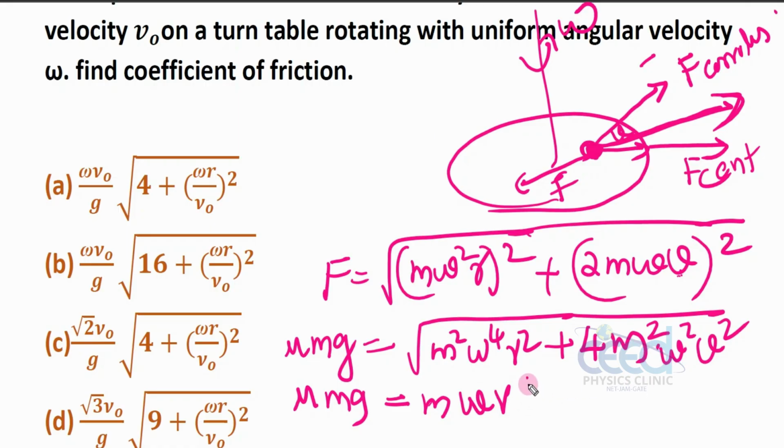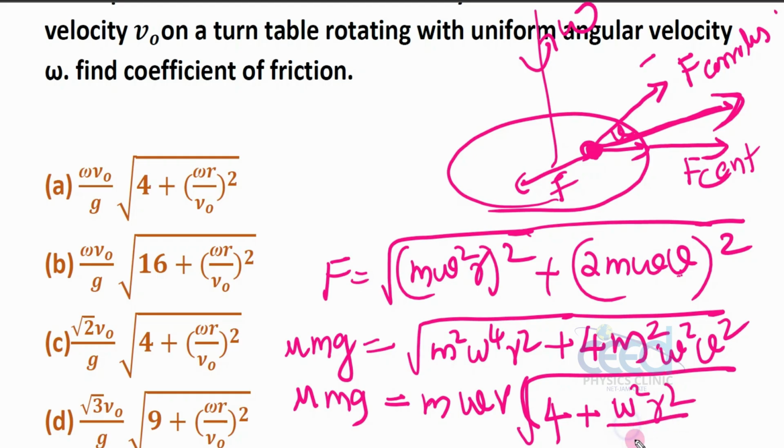If we take it out, you can write the square root of, here nothing remains, only 4 remains, 4 plus, but here omega raised to 4 is there, so there is no v, we have to divide also, and the extra r square is there, then you have to write omega square r square divided by v square, right?